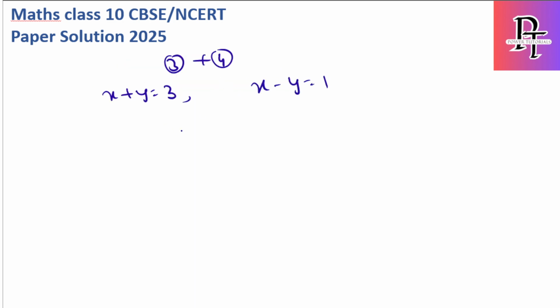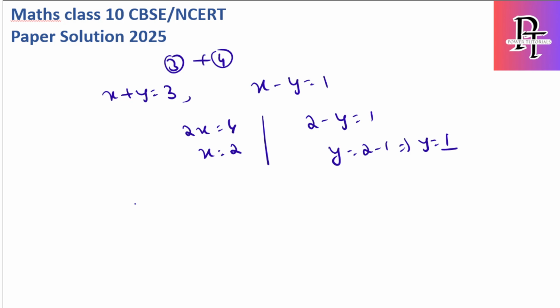If I add these two, 2x is equal to 4, so x is equal to 2. Substitute the x value here: 2 minus y is equal to 1, y is equal to 2 minus 1, which is y is equal to 1. So we got the values x comma y is equal to 2 comma 1.